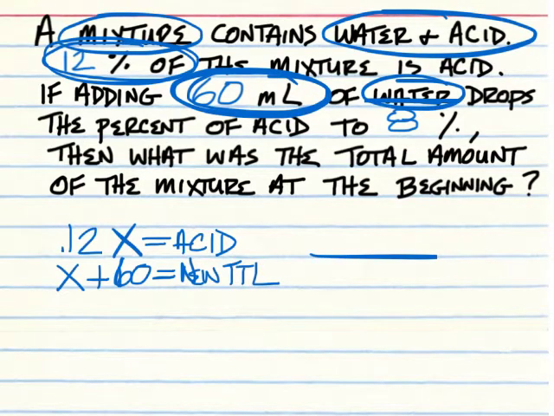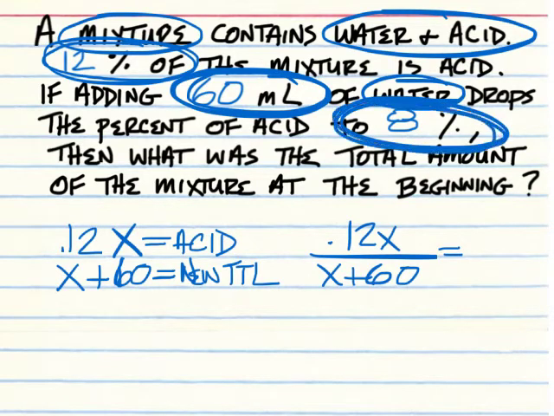Remember, you have to divide the amount of acid by the new total. And in this case, the amount of acid is 0.12x, and the new total is x plus 60. That is equal to the new percent of 8. 8% as a fraction is 8 over 100.